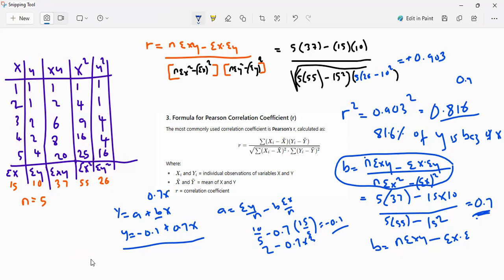The next question they ask you: find y if x is equal to 10. It may not always be 10, it can be applied, for example: find the sales if advertising is 5 million. Since your x may be your advertisement, you put the value that has been given to you where the x is.